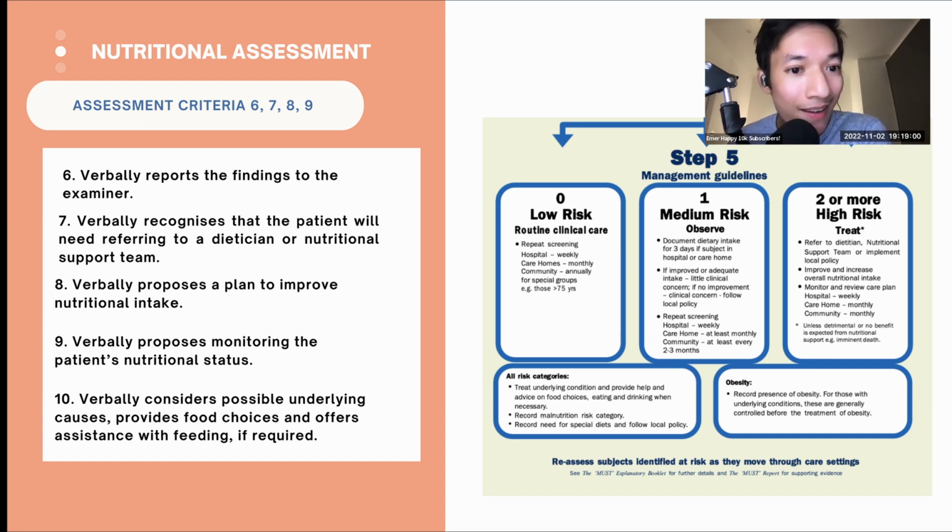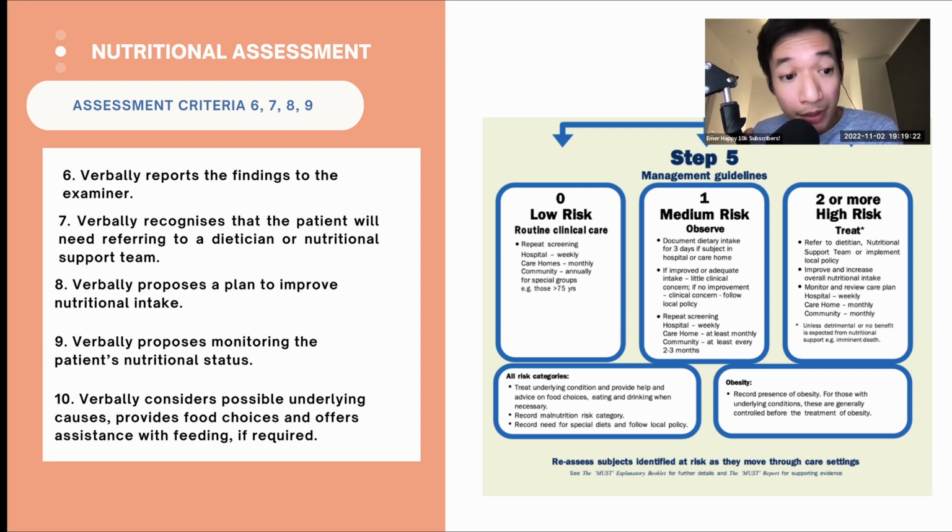So that is number 7. You have this on your examination, but you can start memorizing this by heart. So definitely, the patient scored 2 and above. It's a must for us to refer the patient to the dietitian or nutritional support team, which is written on your screen, on your step number 5 management guideline.